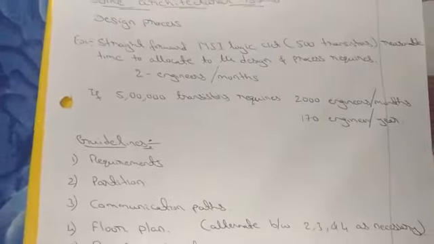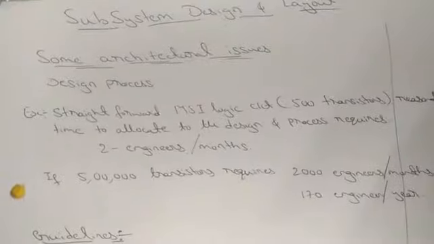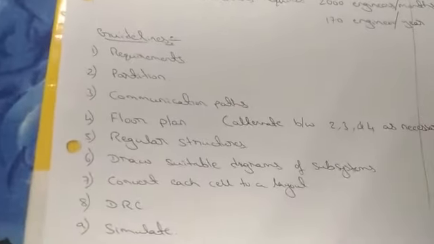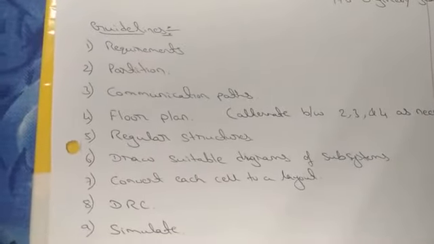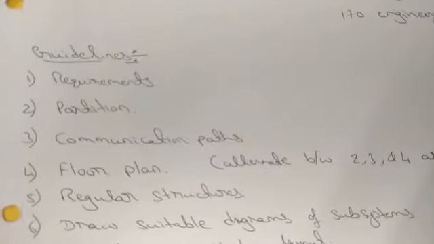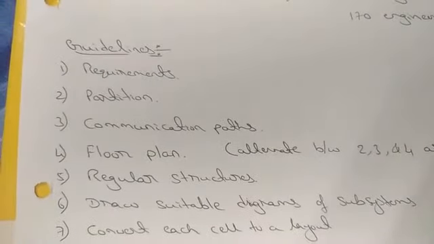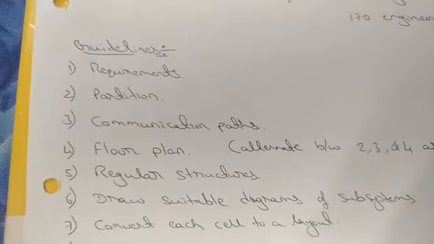Now we'll go through some of the guidelines of the architectural issues. First, requirements: we should define the requirements carefully and properly, whatever we require and are designing for.